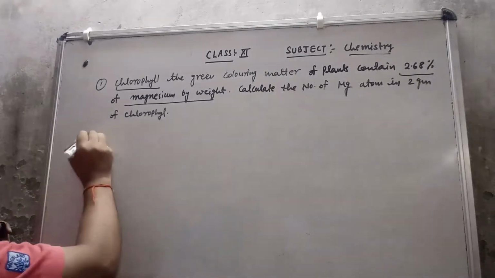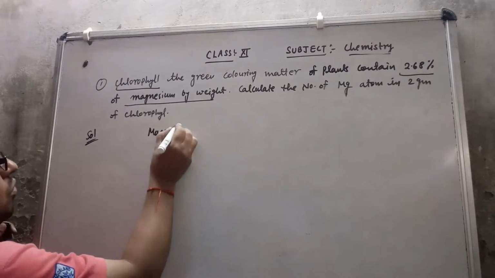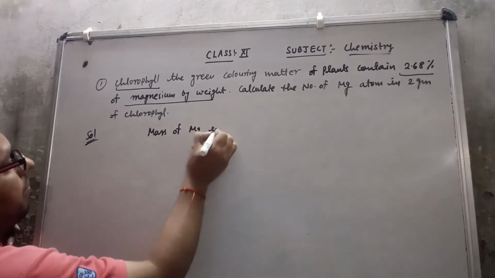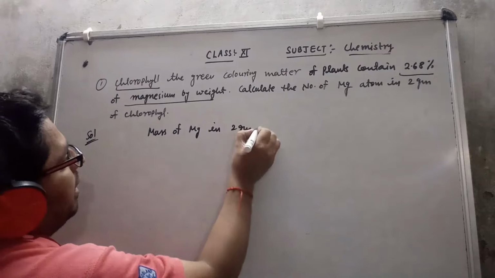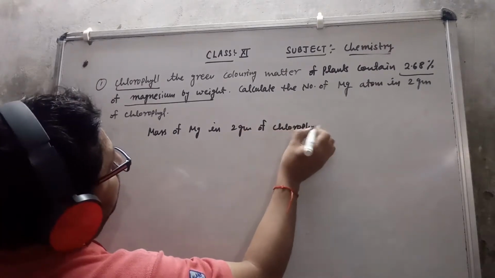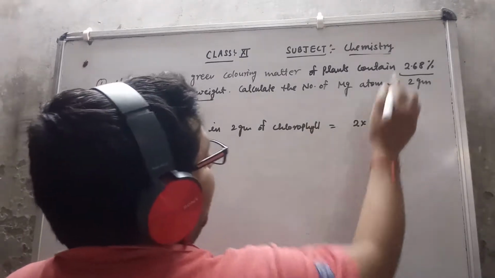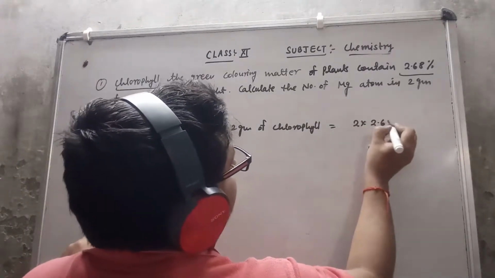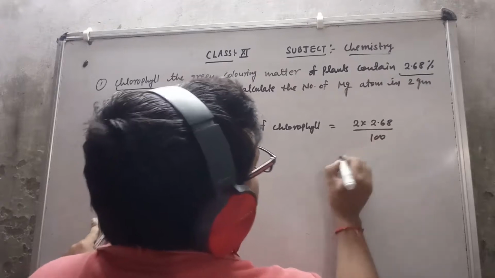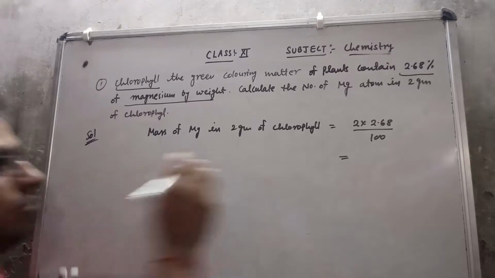So in solution, 2 gram of chlorophyll, this is 2 multiplied by the percentage 2.68 upon 100. If you solve it, you are getting 0.054 gram.